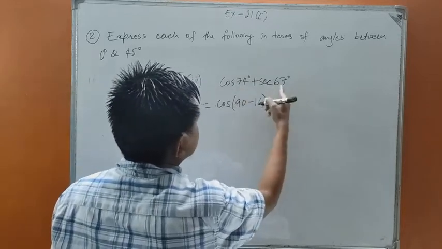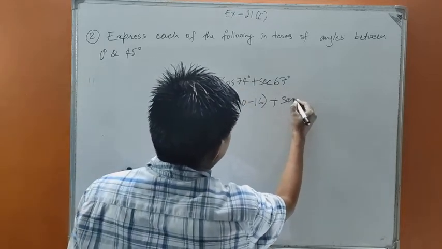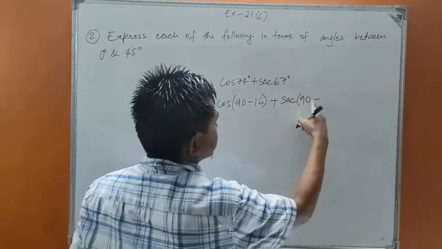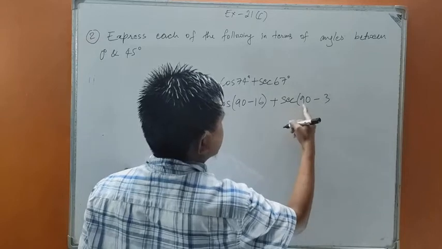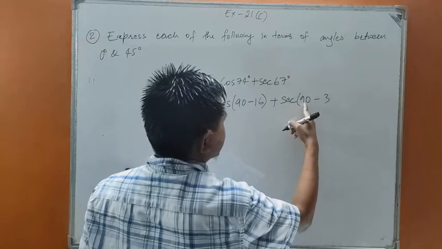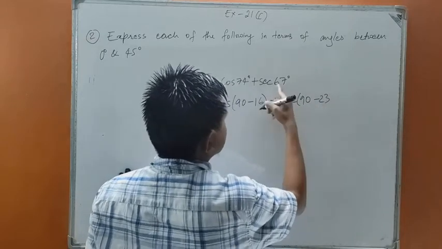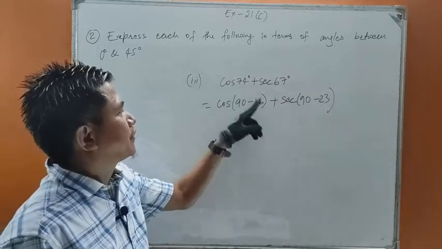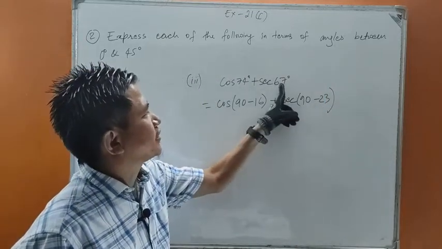Plus sec 67, that means sec of 90 minus something. 10 minus 3 is 7, and this becomes 8, and 8 minus 2 is 6. So 90 minus 16 is 74 and 90 minus 23 is 67.